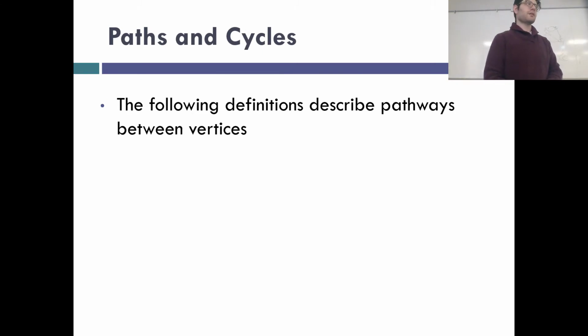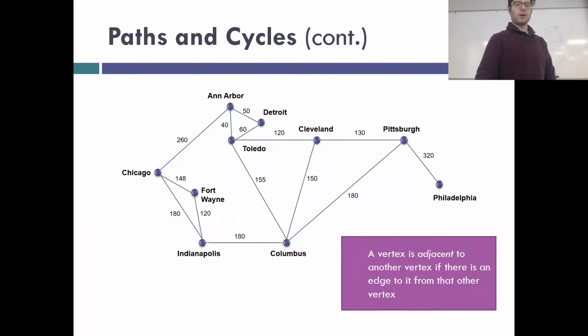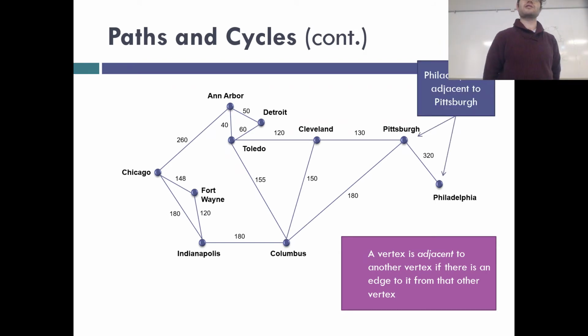So we talked about paths, and that's kind of an intuitive thing. If you can get from one node to another node, there's a path between them. A vertex is adjacent to another vertex if you have an edge that connects them, right? So Philadelphia and Pittsburgh in this graph are adjacent to one another. You might not consider them adjacent. You might say that Philadelphia is adjacent to Harrisburg, right?